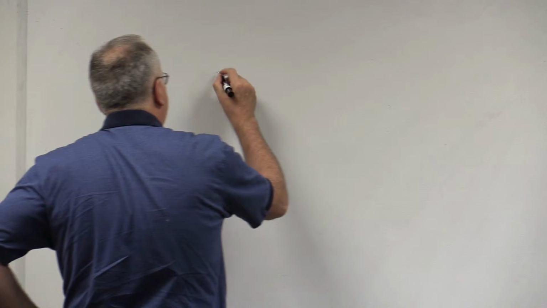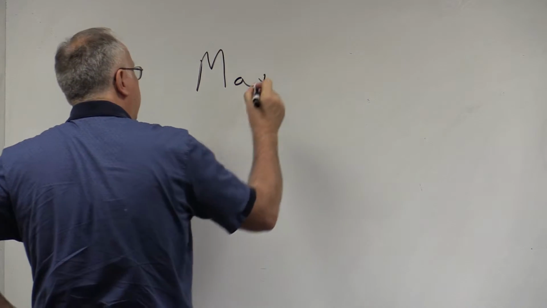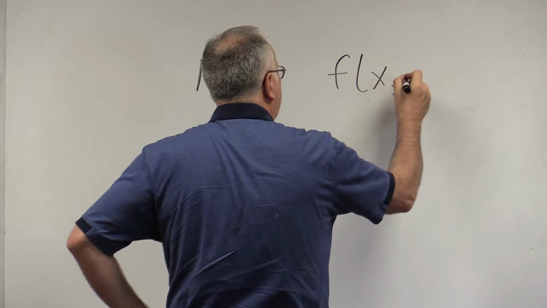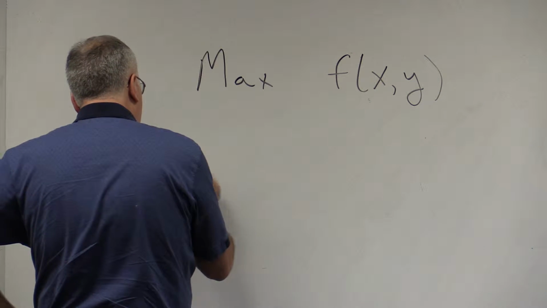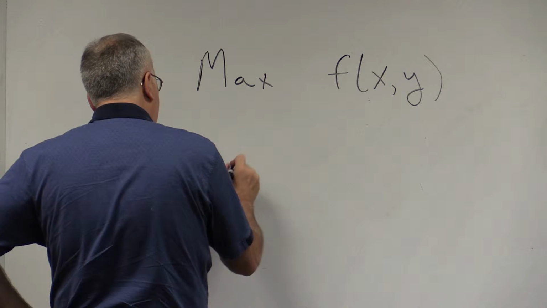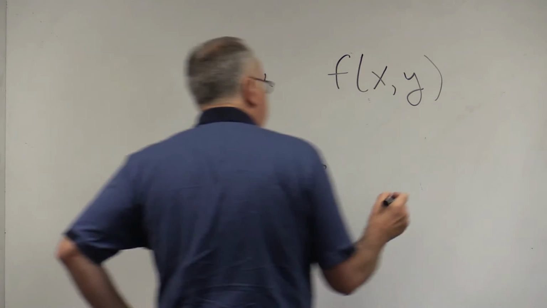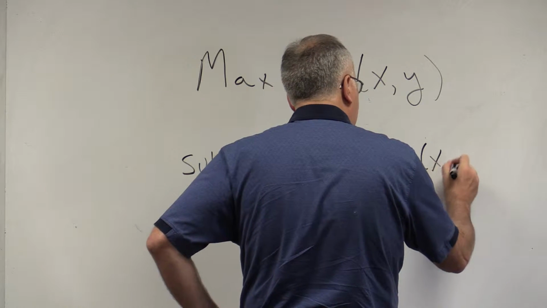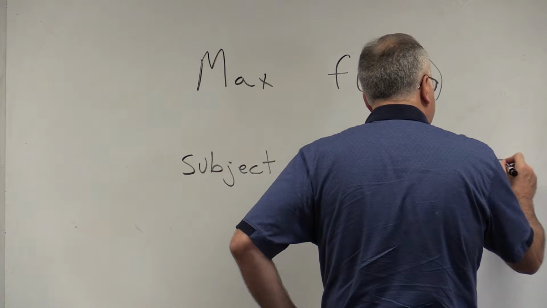You want to maximize some function of x and y, subject to the constraint that g, some function g of x and y, equals a constant.